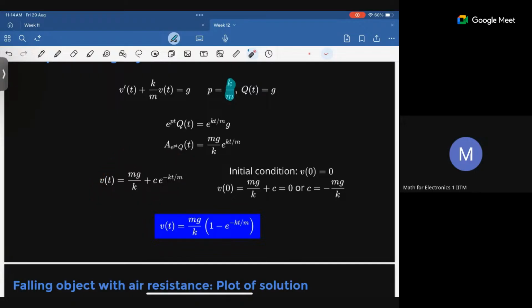And there is some constant c sitting here, because that has come from the integral constant, and you can actually solve for that constant using the initial conditions. So initial conditions could be starting velocity maybe 0. At time t equals 0, it can be 0. So using that v of 0 is equal to 0 in this expression, you can get your c. And substitute that c value here, and you will see that your v of t will be mg by k into 1 minus e power minus kt by m.